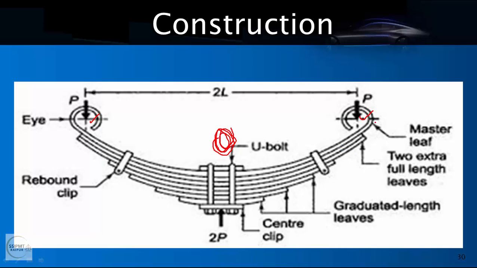The first leaf is known as master leaf, and there are other leaves. They are known as extra full length leaves, also known as graduated length leaves. So these two are extra full length leaves, these are graduated length leaves. 1, 2, 3, 1, 2, right?